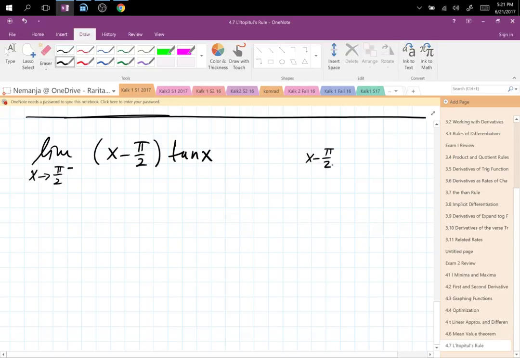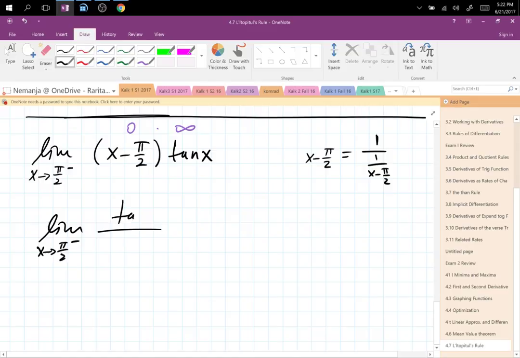So x minus, well, this is, first we say 0 times infinity. So we have to use our transformation. And when we plug that in, what do we get?